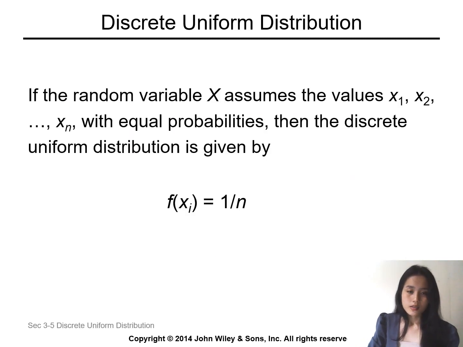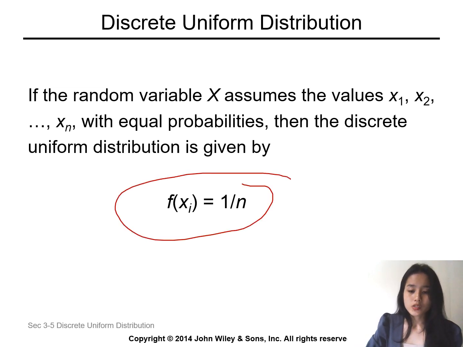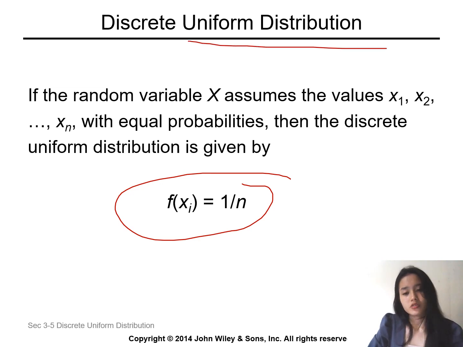The next topic is the discrete uniform distribution. If the random variable x assumes the values x sub 1, x sub 2, up to x sub n with equal probabilities, then the discrete uniform distribution is given by this. It means that when we have a probability distribution where every outcome is equally likely, it is called a uniform distribution.